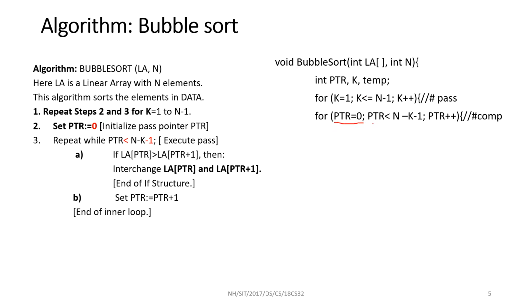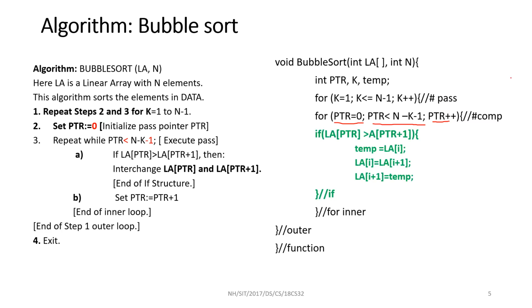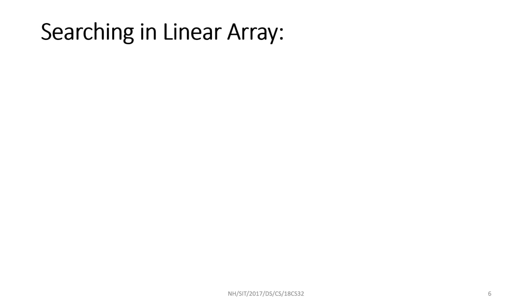If the PTR value is less than n minus k minus 1, repeat, incrementing the value of PTR each time. For swapping, if the previous element is bigger than the next element, swap. Otherwise, skip by incrementing the PTR value, and repeat this process. This is about the bubble sort algorithm.